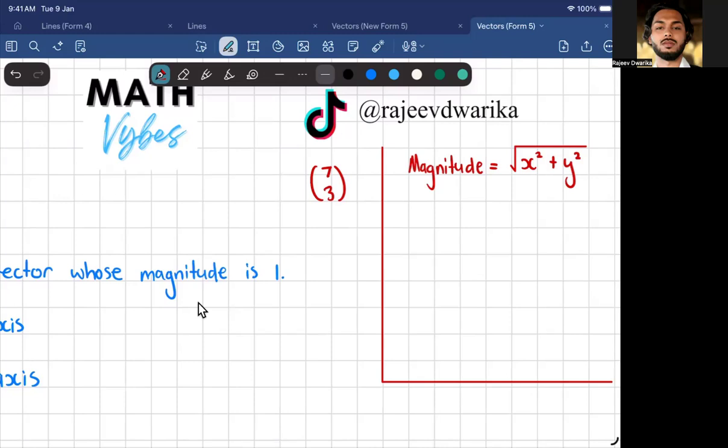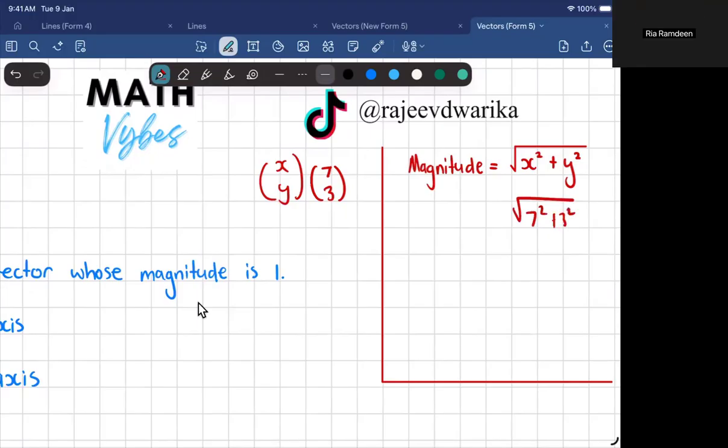Okay, so a column vector is in the form x first and y. So what's x? 7. What's y? 3. So the magnitude of that would just be 7 squared plus 3 squared. That's it.